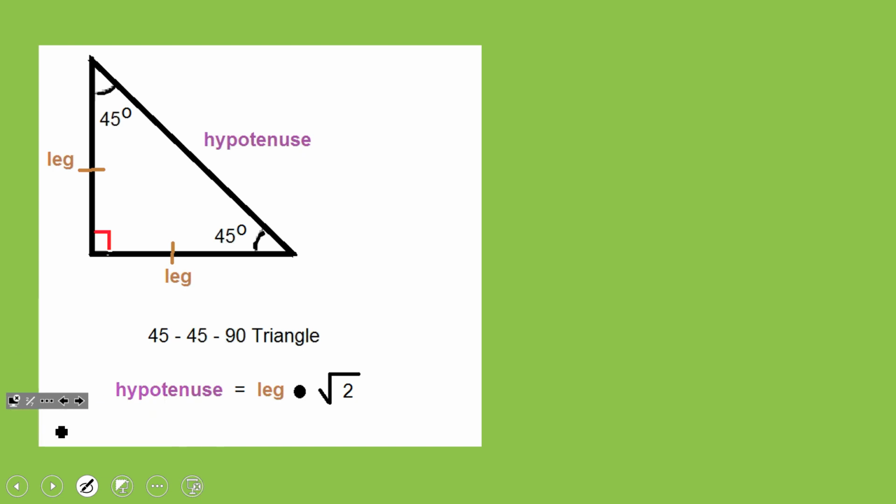So, in geometry, you learned special relationships between 45-45-90 triangles and 30-60-90 triangles. We learned in a 45-45 triangle that the hypotenuse is the leg times the square root of 2. If we go to our unit circle, and we know that this is 0, correct?